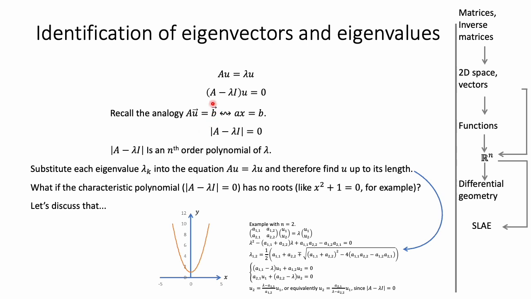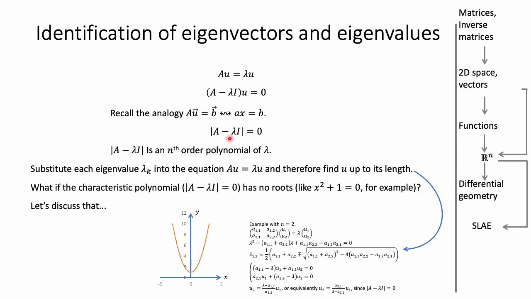So, from having this equation, we can claim that the determinant of this matrix must vanish, must be 0, in order to be able to produce the 0 output when being applied to a non-zero input vector.